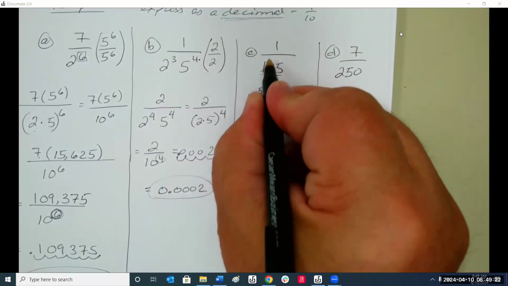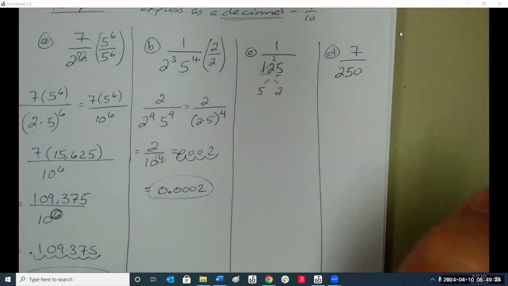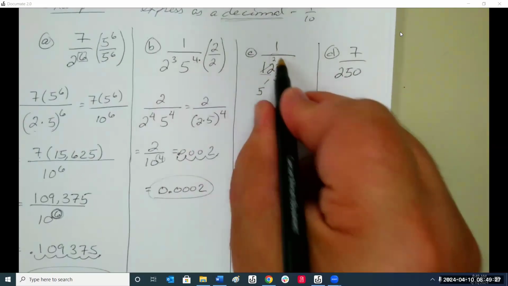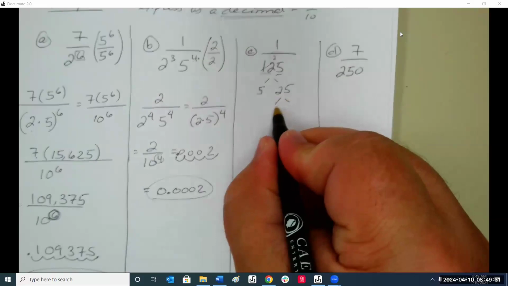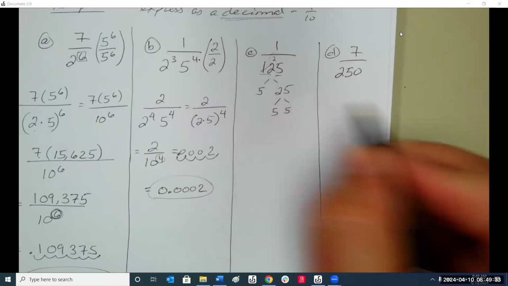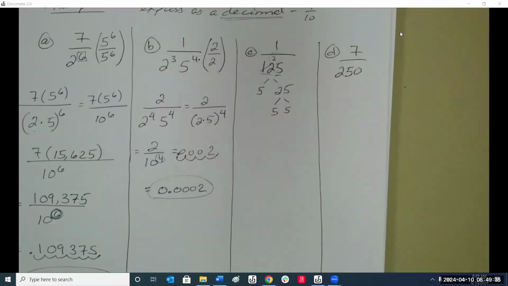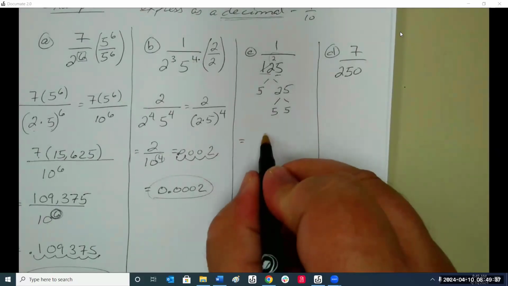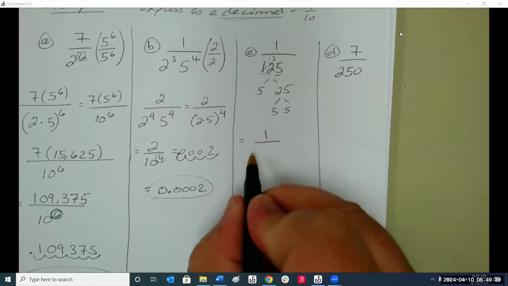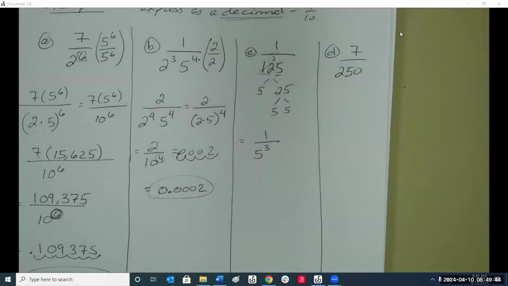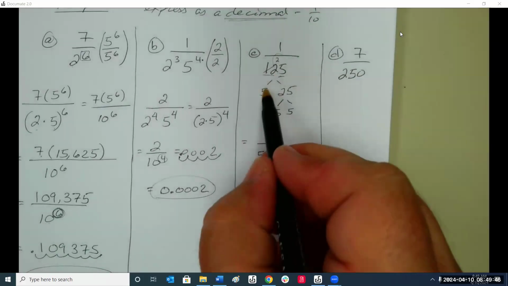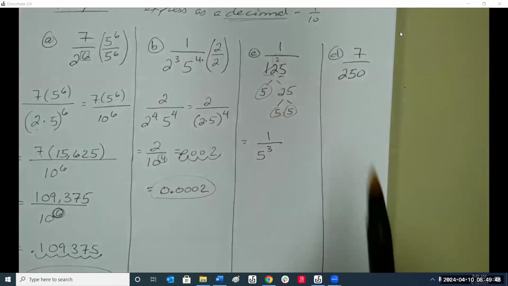Twice, with 2 left over. 5 goes into 25 5 times. And 25 is 5 times 5. So 125 is the same thing as 5 times 5 times 5.